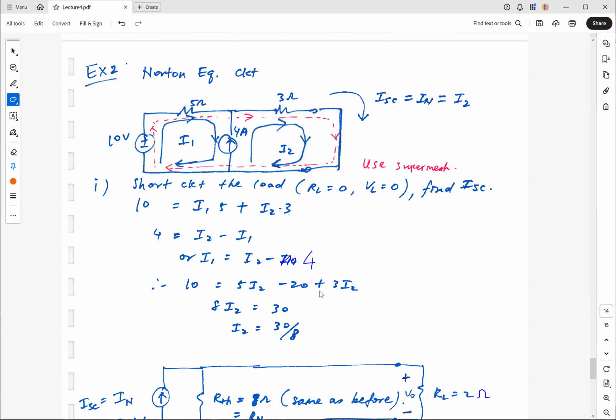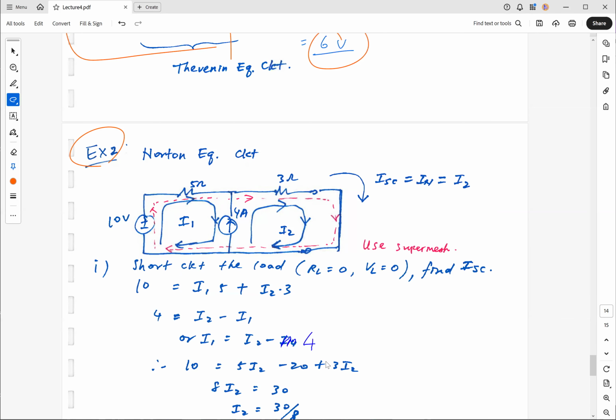Let's look at the same circuit using the Norton equivalent circuit technique. This is the second example, using the same circuit: 10 volts, 4 amp, 5 ohm, 3 ohm. But now I'm going to use the Norton equivalent circuit.